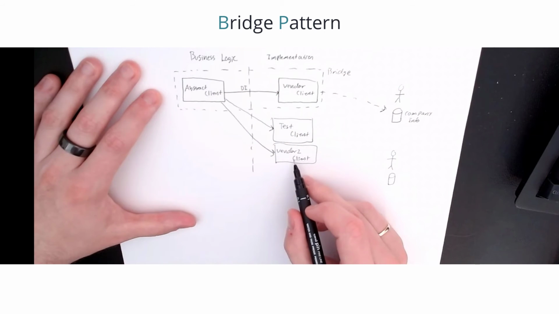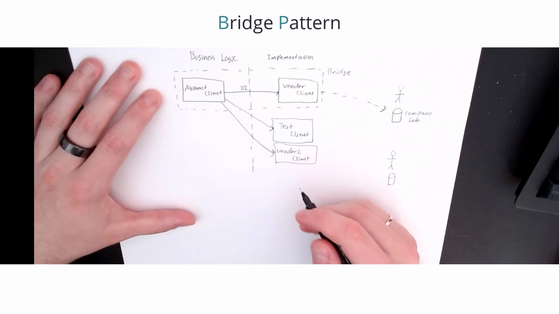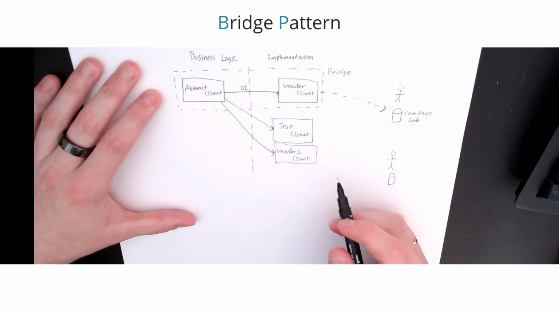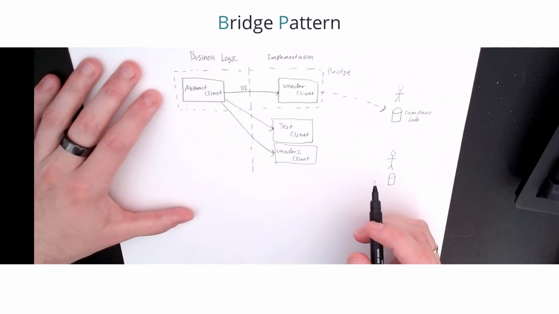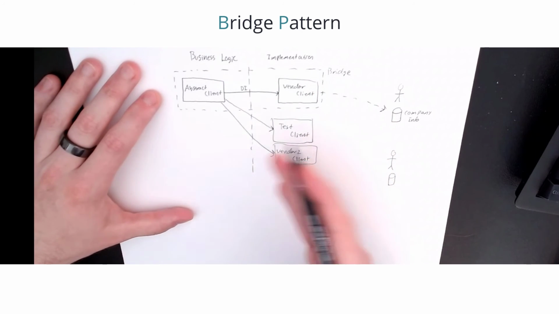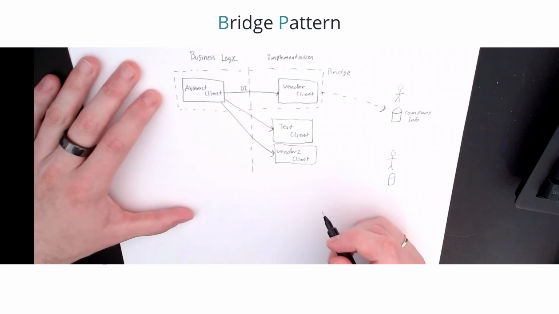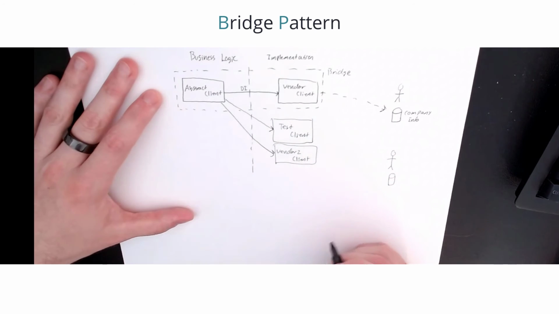So we can start trialing out our new vendor without needing to change the implementation from our existing vendor. So a bridge pattern is something that will give us a lot more flexibility than we would have if we used the implementation straight in our business logic. And it comes with these additional benefits that we can also more easily support testing.